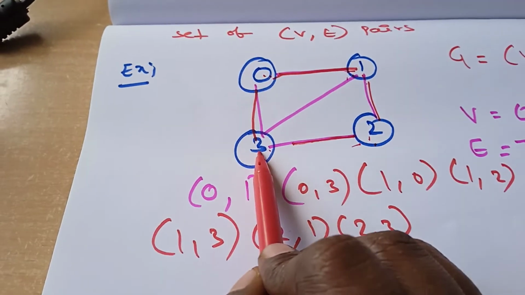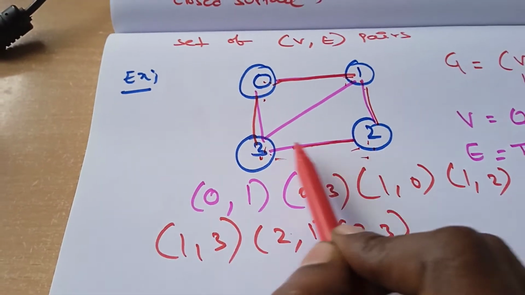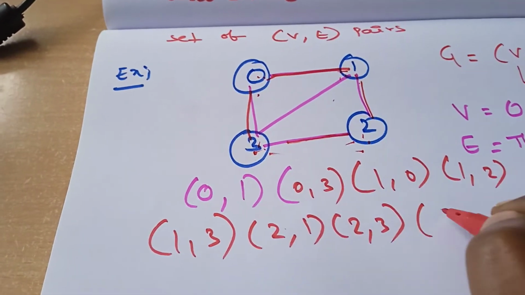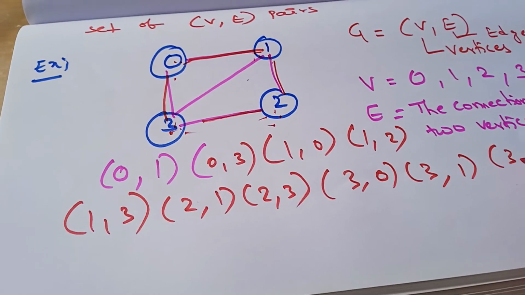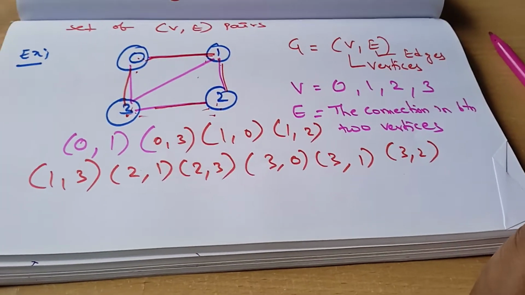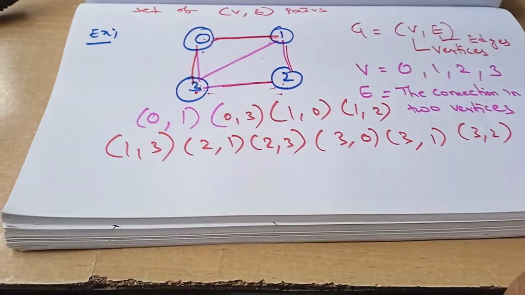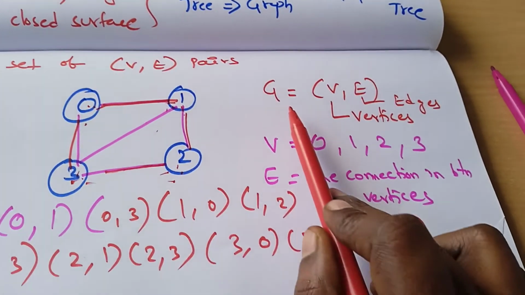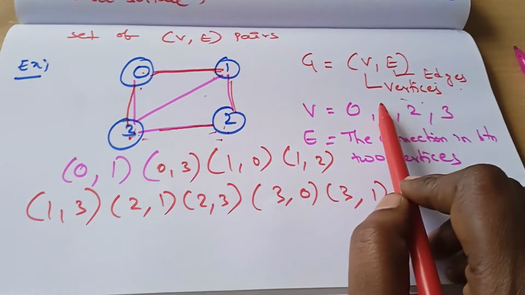Now again look at 3. 3 has three edges: 3 to 0, 3 to 2, 3 to 1. These are the graph edges. Now what is a graph? G is equal to V comma E, vertices and edges.